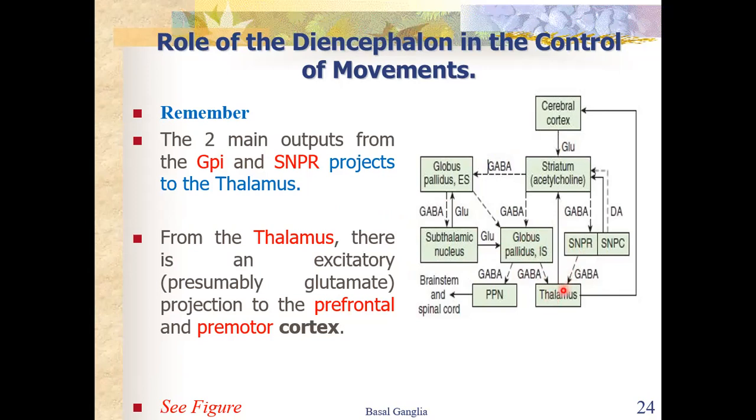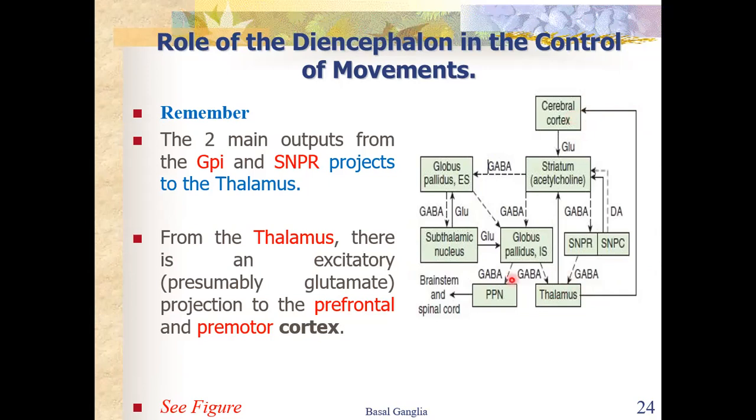And the thalamus then projects excitatory, presumably glutamate, fibers to excite the cerebral cortex, preferably the prefrontal and the premotor cortex. And you know the roles of the prefrontal and the premotor cortex, just explained in the previous lectures.